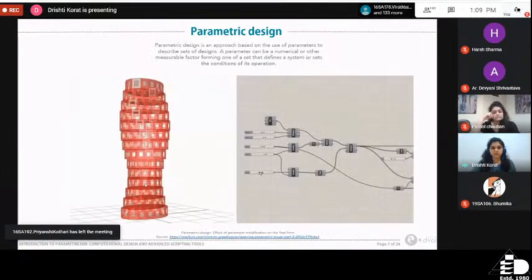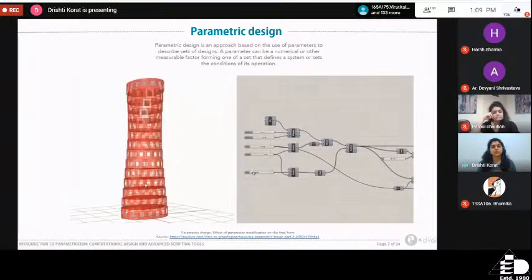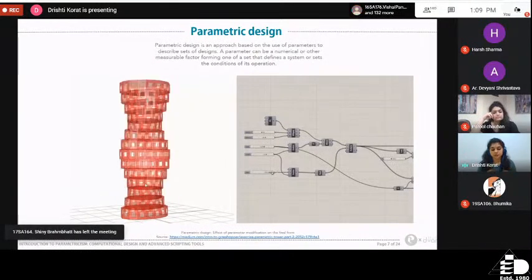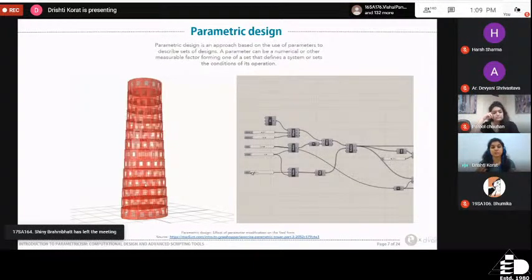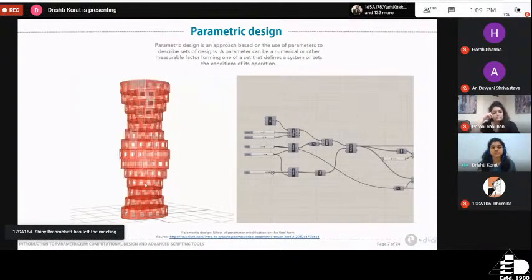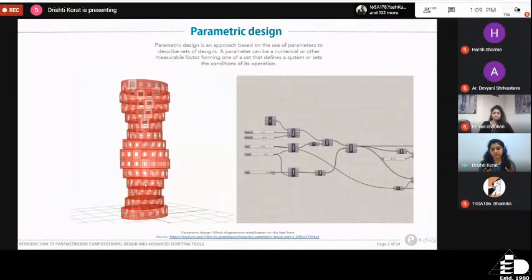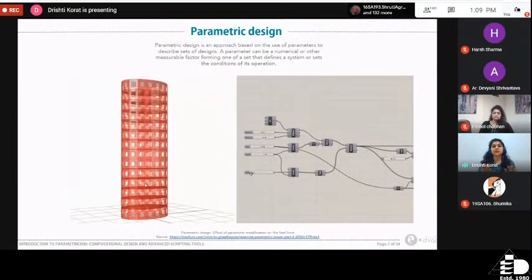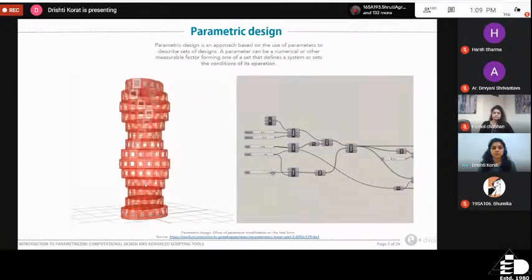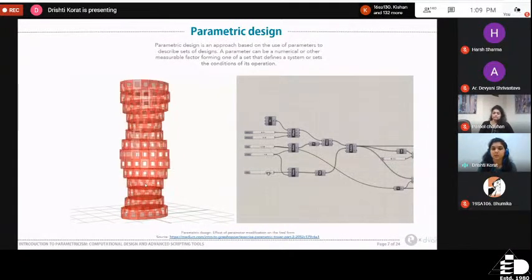Parametric design, on the other hand, is an approach which talks about breaking down a design into its parameters. To understand it super simply with a basic example, say I ask you to make a square. The first question you'll ask me is, what is the side of the square?